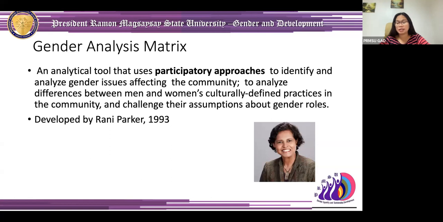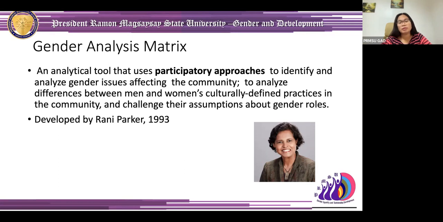So when we say participatory approaches, part of the community or the community partners are involved. So they are already involved in identifying the project, in monitoring the project, and also in evaluating the project. So that's why it's participatory, okay?